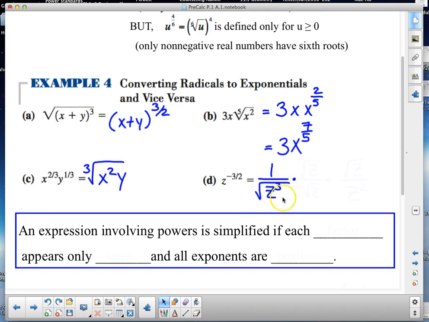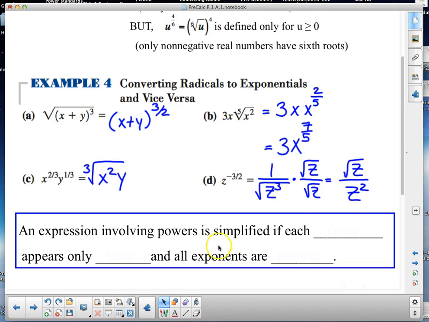Now, because I cannot have a square root in the denominator, I've got to rationalize it based on the rules we're using. Since this is 3, I've got to make it even. I'm going to multiply by the square root of z more, and I'm going to get the square root of z over z squared for my final answer.